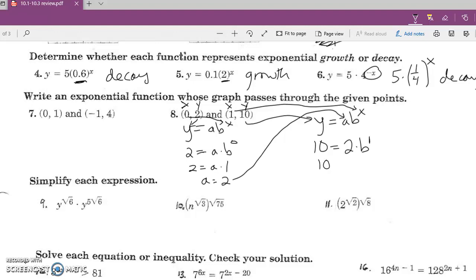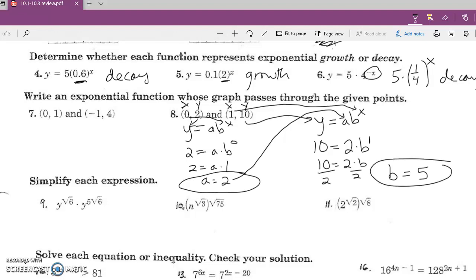So I would go 10 equals 2 times b, divide by 2, and b would be 5. Now I have my a, I have my b, so the exponential function would be y equals ab^x, which is 2 times 5 to the x power.